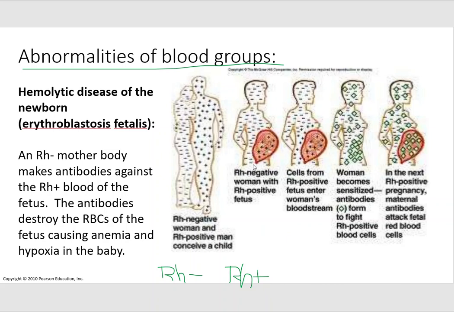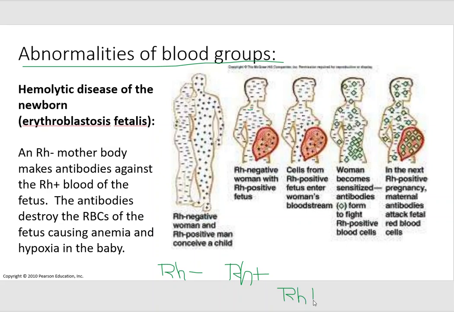Now that baby could be negative or positive, but in this case it's positive. So mom is Rh negative and the baby is Rh positive. She delivers that baby, and during delivery, blood from the mom and the baby's cord get mixed together. So mom is exposed to blood that has the Rh antigen on it.